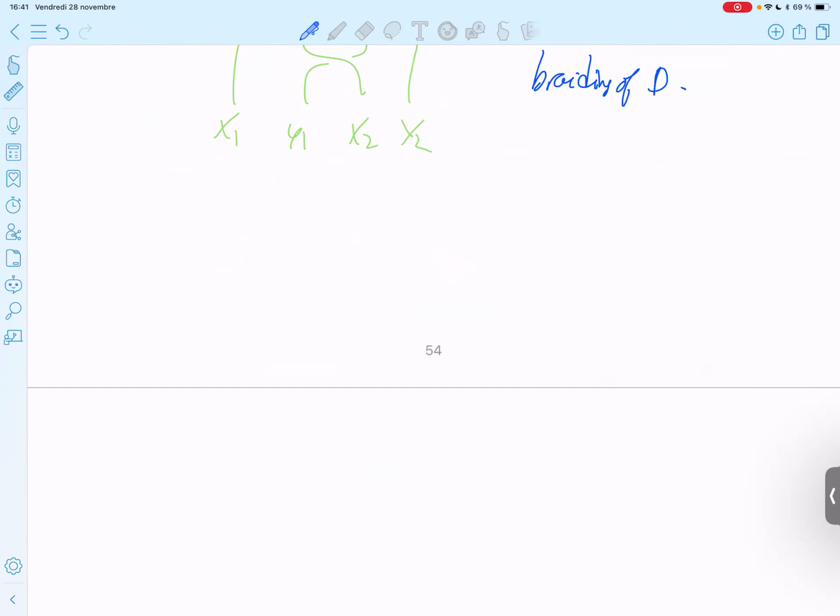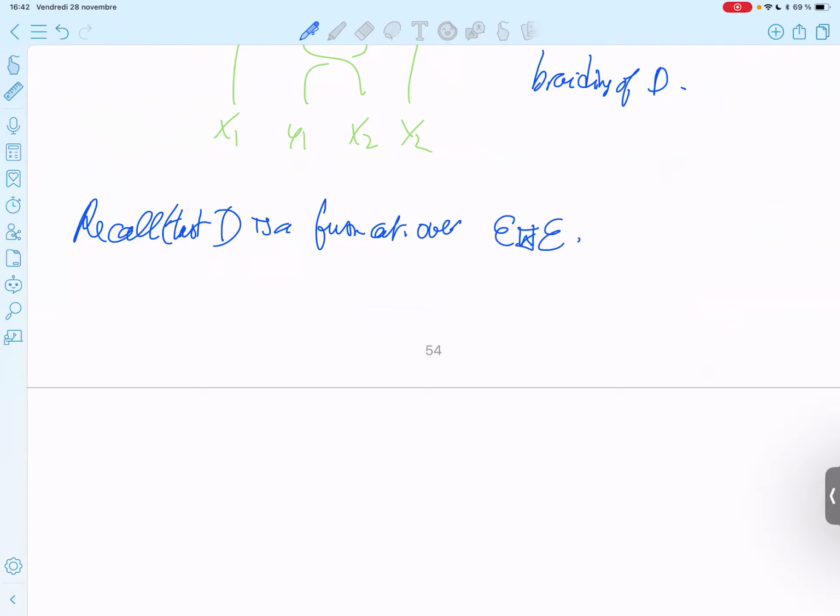So now recall that D is a fusion category over E as we mentioned before. But we can also see D Deligne tensor D as a fusion category over that.